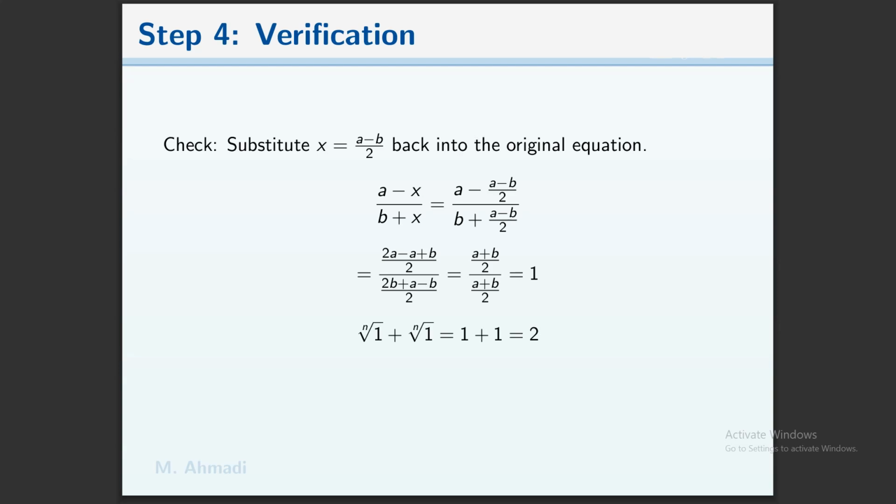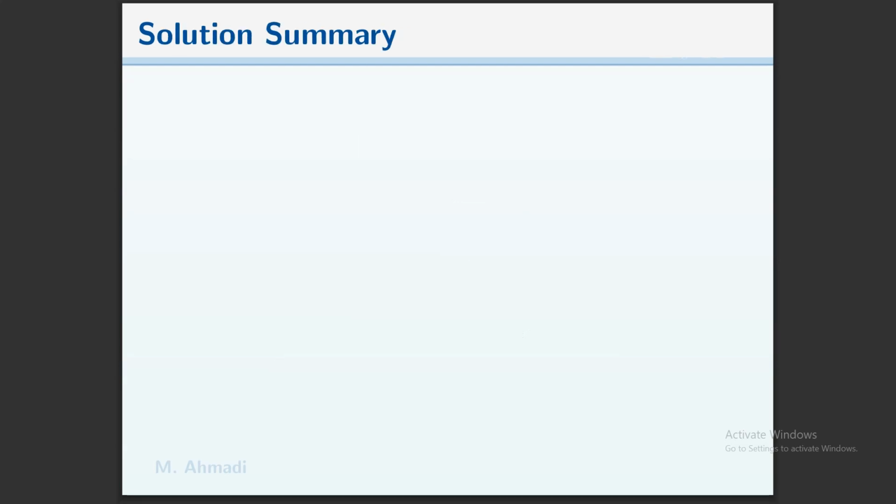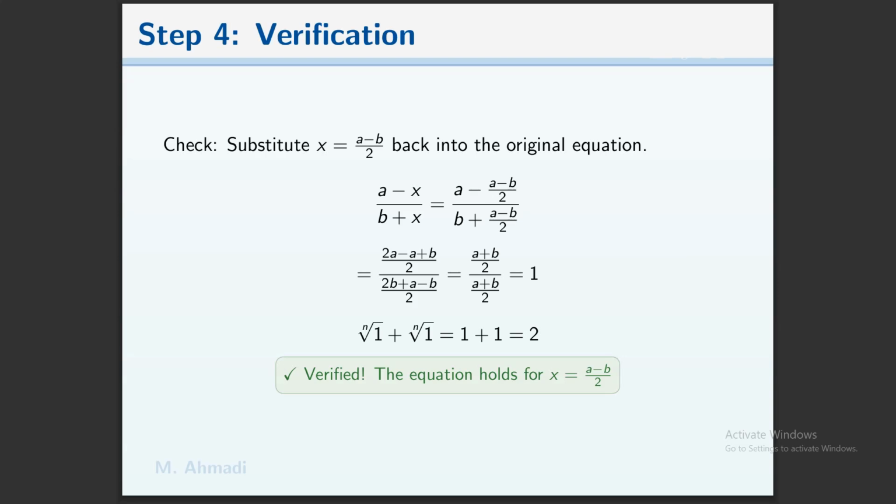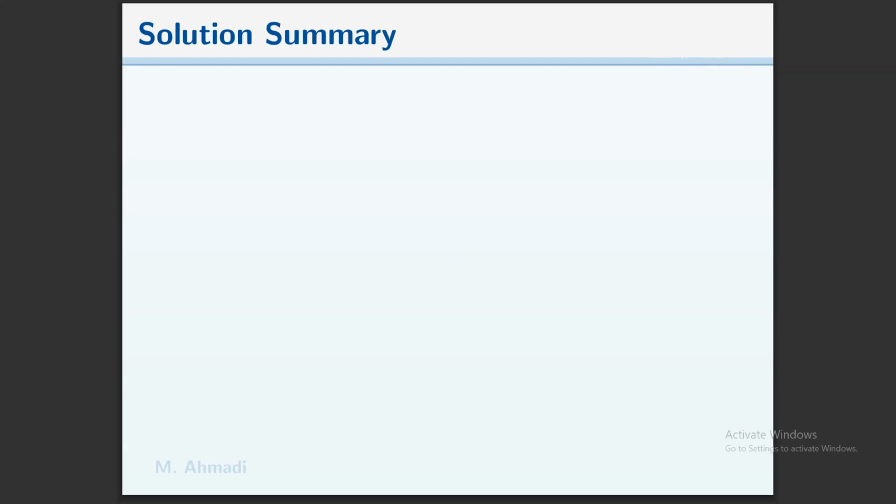For the second expression, we have a similar result. So we have the nth root of 1 plus the nth root of 1 equals 1 plus 1 equals 2. The right side and left side are equal. So the equation holds for x equals (a minus b) divided by 2.